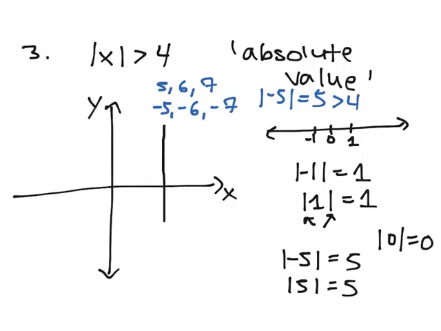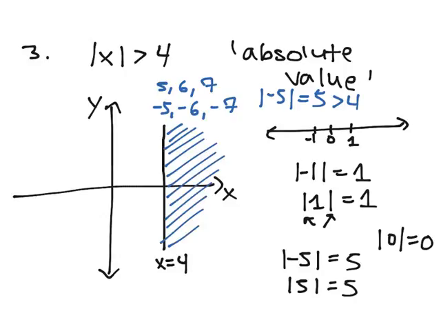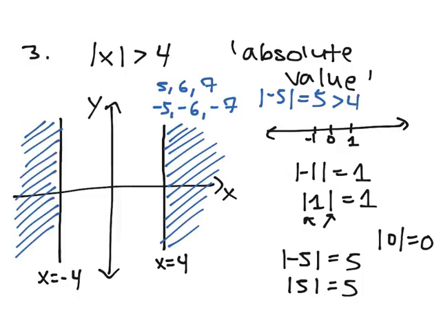So, if we put a line at x is equal to 4, everything on this side of the line would satisfy our inequality. But, if we put a line at x is equal to -4, everything on this side would also satisfy the inequality. So for our complete solution, we need to show both of these lines, and our answer is both of these regions, because they both work.